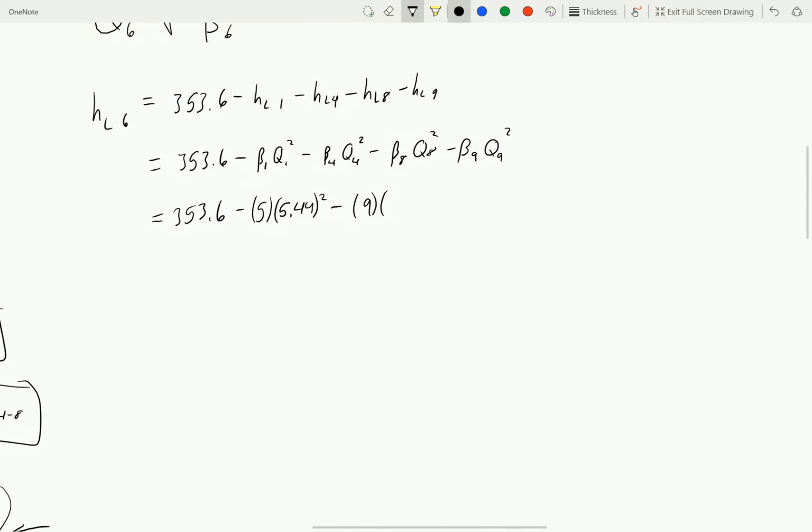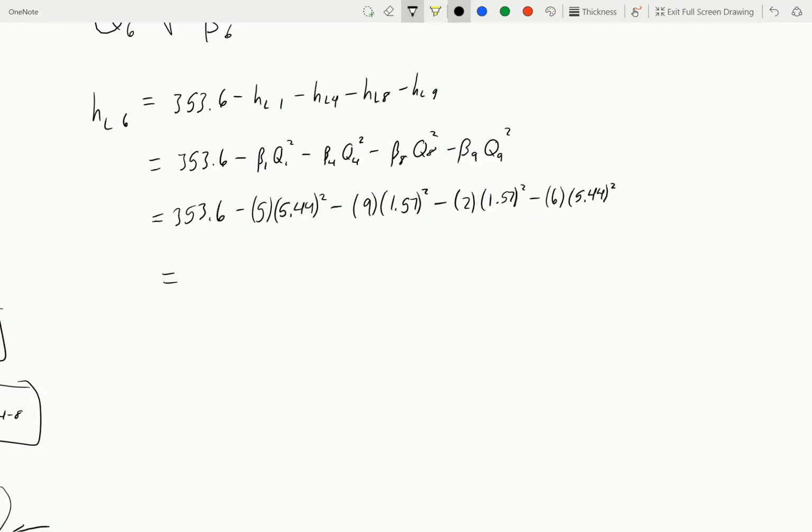So we have 1.57 squared. 8 is also the same discharge, but not the same beta. Beta for 8 is 2, and the same discharge. Beta 9 is 6, and then it has the same Q as beta 1.